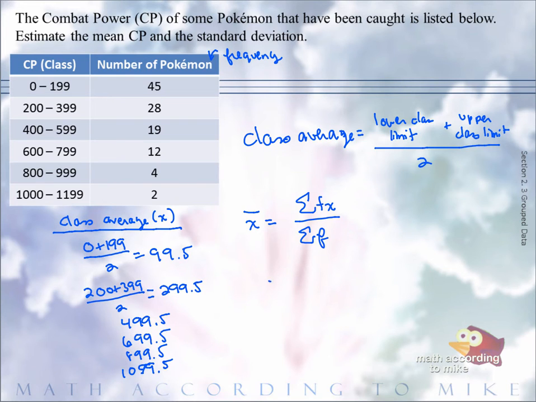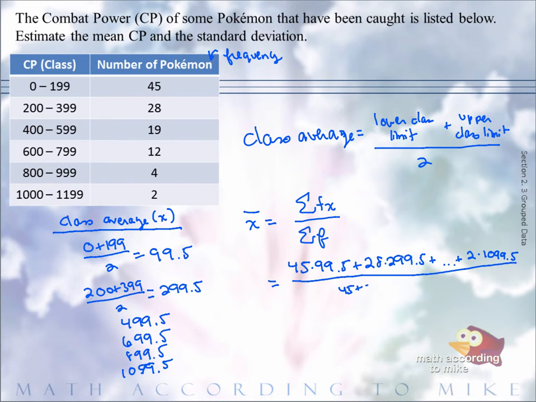So we will have the frequency 45 times its X value 99.5 plus the next one 28 times 299.5 plus dot dot dot all the way down to 2, the frequency of the last class, times 1099.5, all over the sum of the frequencies 45, 28, 19, all the way down to 2.